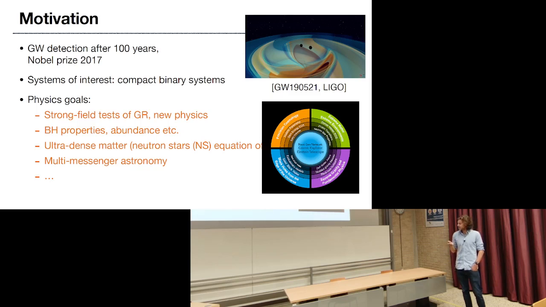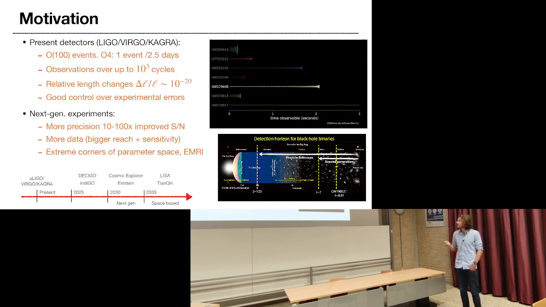And the physics goals of this line of research are also pretty rich. For example, you can use this to do strong field tests. You can do cataloging of black holes. You can do tests of the neutron star equation of state and so on.